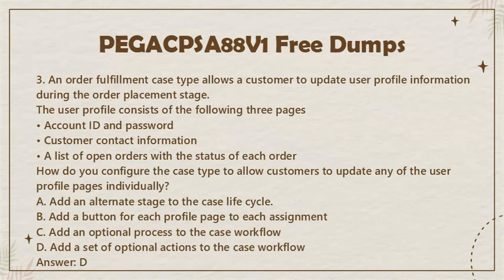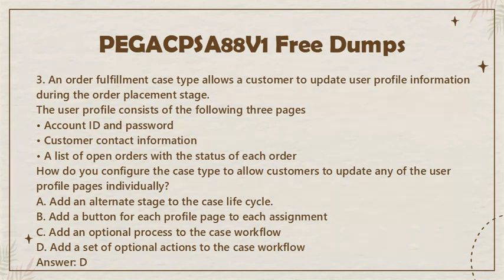3. An order fulfillment case type allows a customer to update user profile information during the order placement stage. The user profile consists of the following 3 pages: account ID and password, customer contact information, a list of open orders with the status of each order.